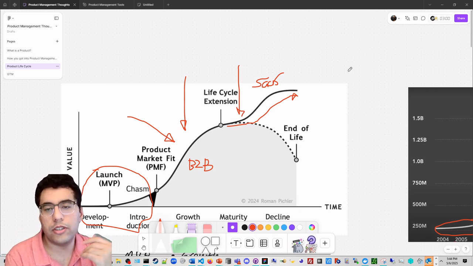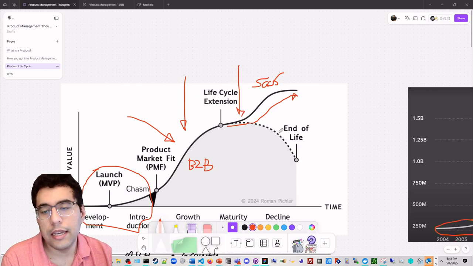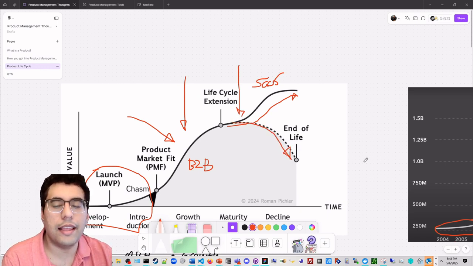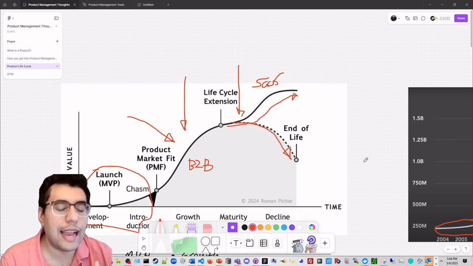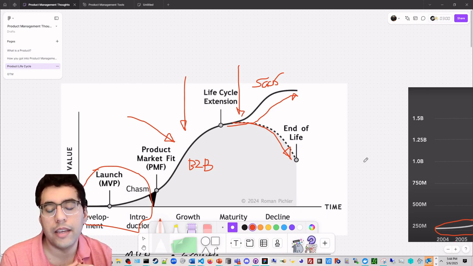And usually some companies and some products experience an end of life, and usually you're managing in decline, and that means cost cutting, turning off features, saying, hey, the support for the multiplayer server is going to die. We just don't have enough users or new things to keep it alive. So that's where things are managed to the end.